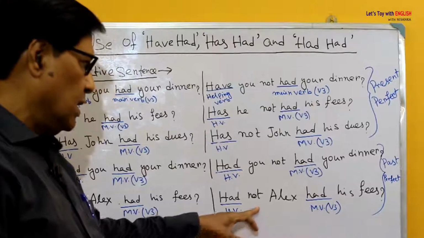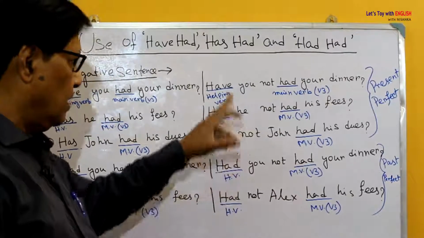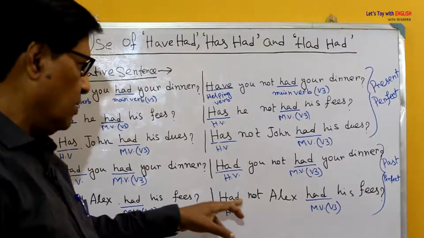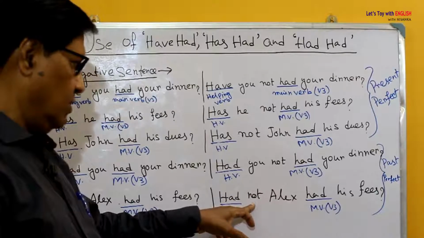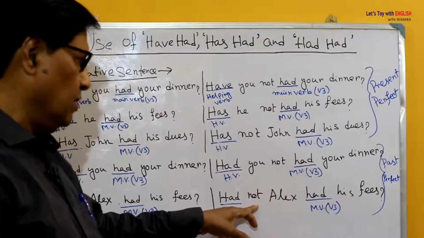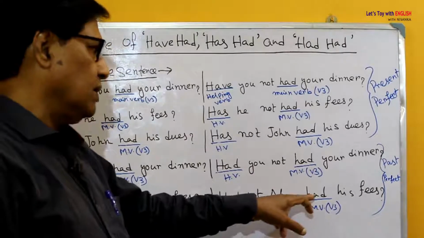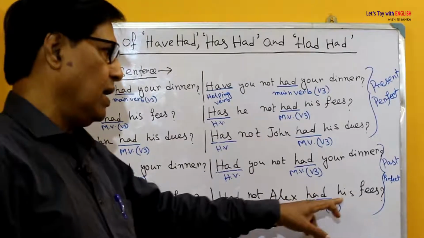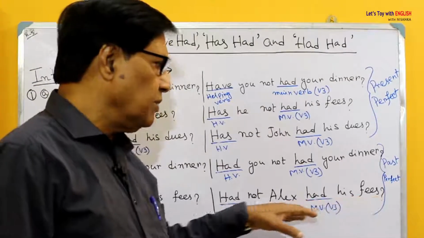But if the subject is a noun, it will be like the previous one, had not Alex, that is had first, then not, the negative sense, and then the subject, and then had V3, and then the object. Do you follow my mind? This will be the structural form.